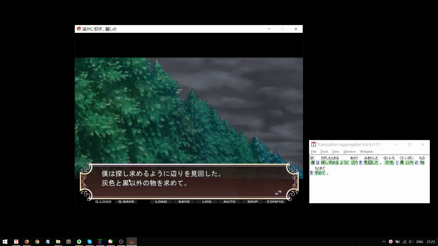僕は探し求めるように周りを、辺りを見回した。灰色と黒以外のものを求めて。探し求める is to look for something, to look for and to seek something. 辺り is the surroundings. 見渡す is to look around.